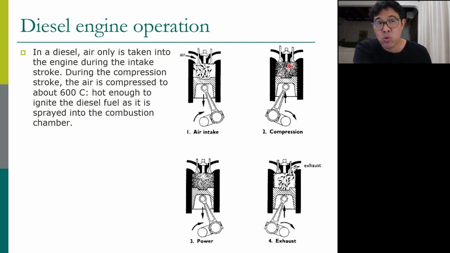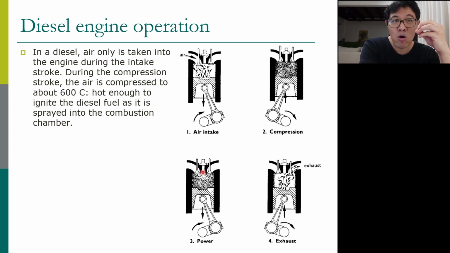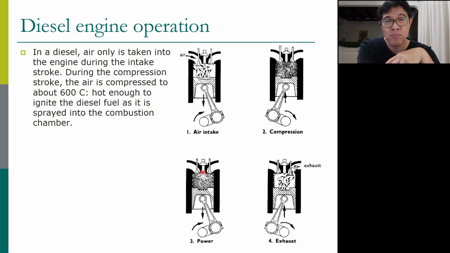When you want to start combustion, you just have to inject diesel. When you inject diesel, it burns right away, right? But it depends on how well you inject that fuel, how small a droplet you can make. If you can spray small droplets of fuel, it can burn very well.